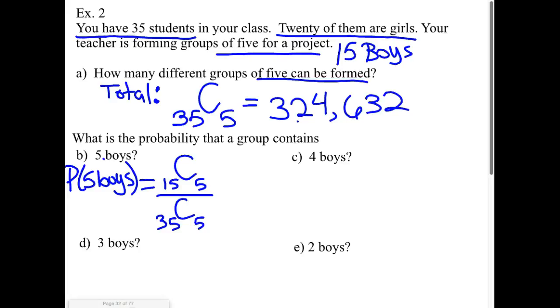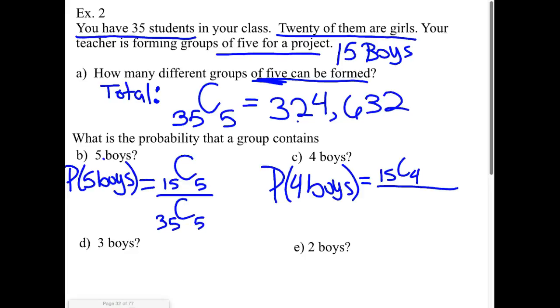The next one, I'm finding the probability of 4 boys. Let's pause for a second. If I have 4 boys in groups of 5, that means there has to be 1 girl in there. So on top, I'm picking 4 from my 15 boys, but I also need to pick 1 from the girls.